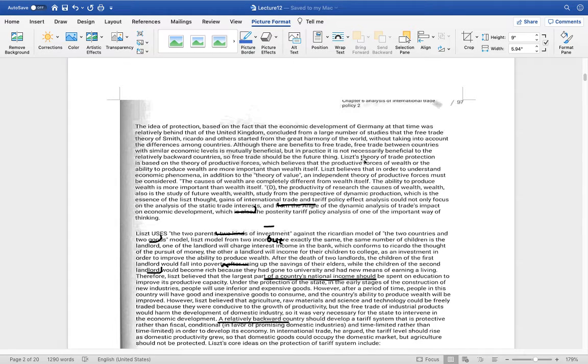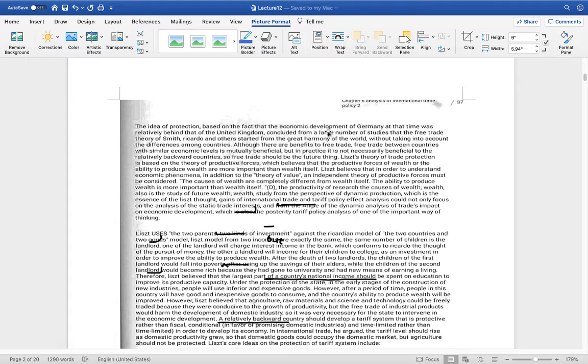List's theory of trade protectionism is based on the theory of productive forces, which believes that the productive forces of wealth, or the ability to produce wealth, are more important than the wealth itself.